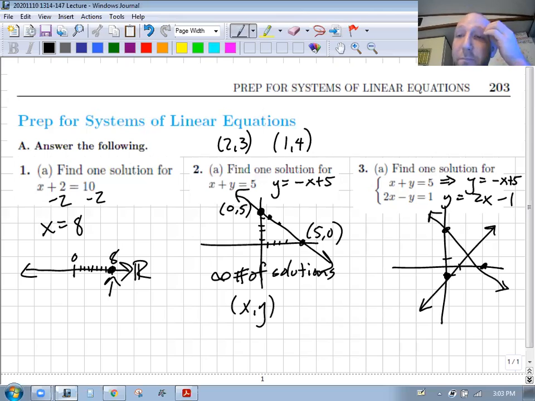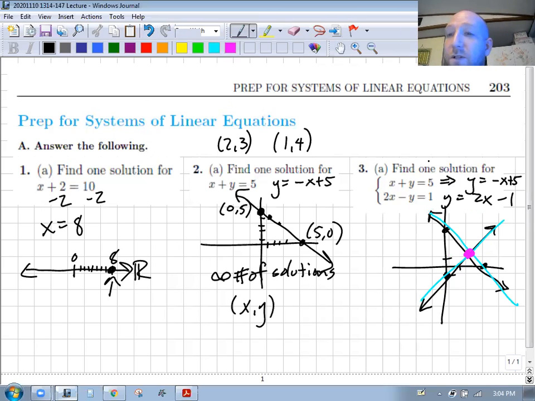To satisfy both of these equations, there's only one point, this coordinate right here, where the lines intersect. The first line gives you this, the second line gives you that, but the only place where both equations are true is right there where they intersect. So this has one solution.